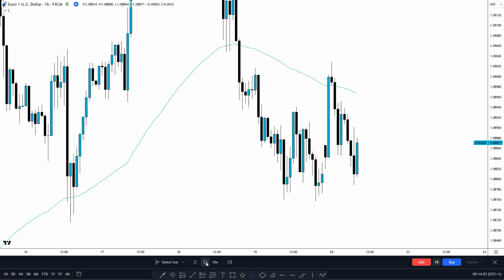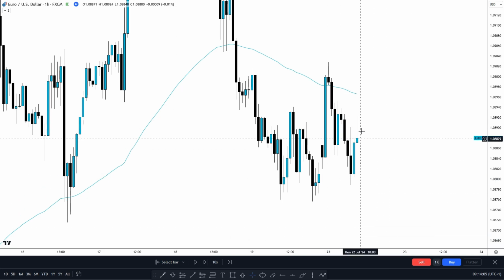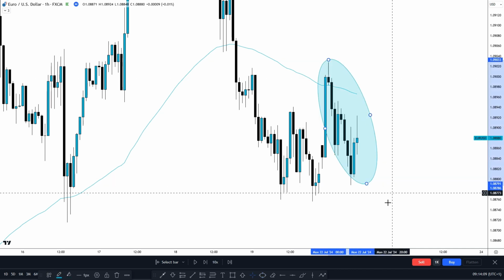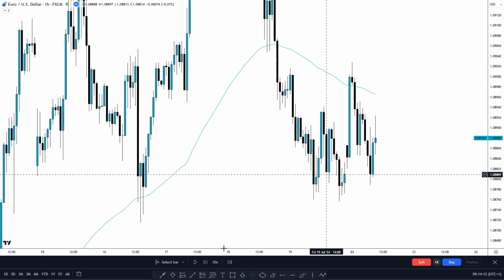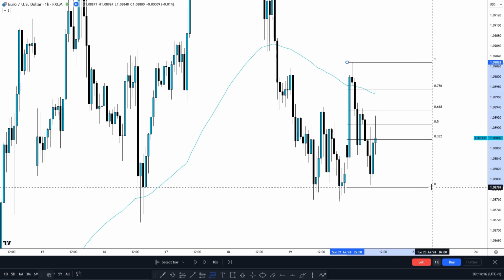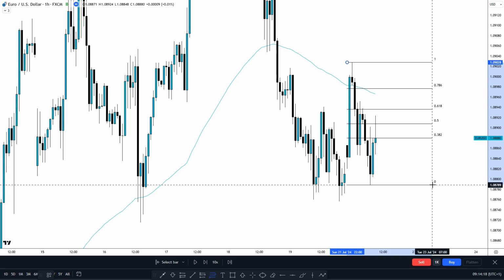What I then also identified is that when price was pulling back with this most recent move here, I want to draw a Fibonacci. By drawing a Fibonacci, I'm able to identify where price might pull back within the market on this current swing.